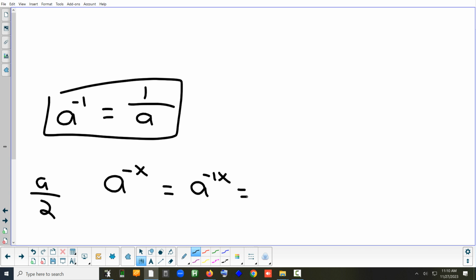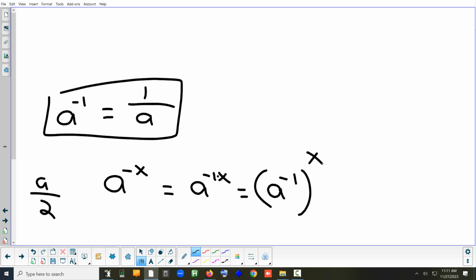And what operation are we doing between the negative 1 and the x? We're multiplying. Now, we just said it earlier, but when do you multiply two things together and put the answer in the exponent? What would you have had before this step that would cause you to multiply a negative 1 and an x together? Yep. A to the power of negative 1 to the power of x. Right, you would have had a power raised to a power. So a to the negative 1 to the x.